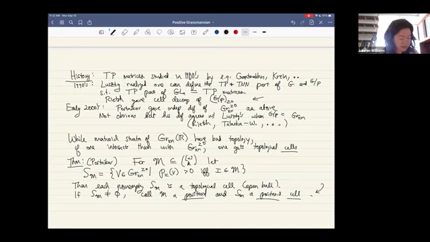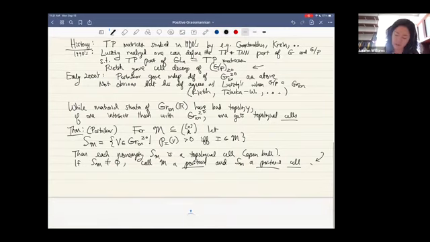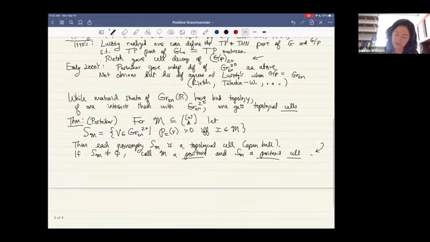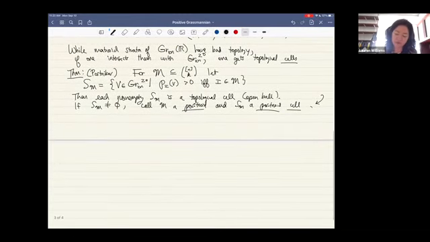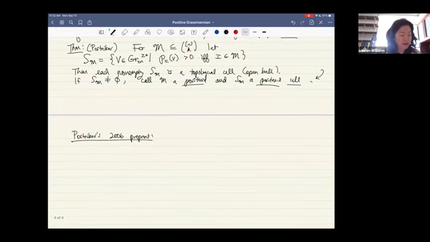So in this lecture, I'm going to explain some of the combinatorial technology developed by Postnikov to discuss the cells. So this is from his preprint, and a main goal of his was to classify these cells.